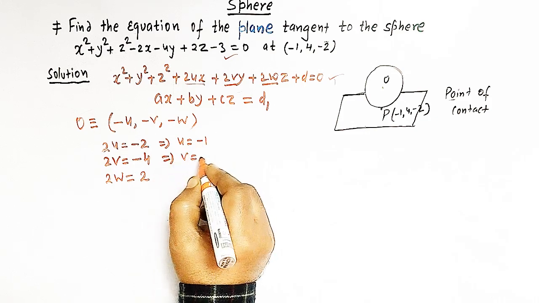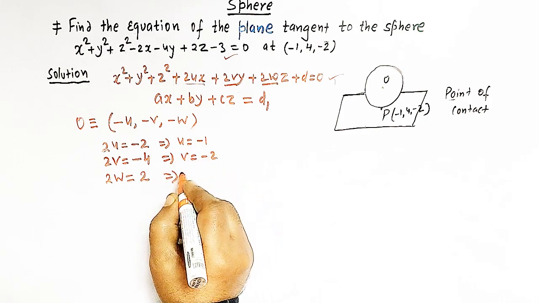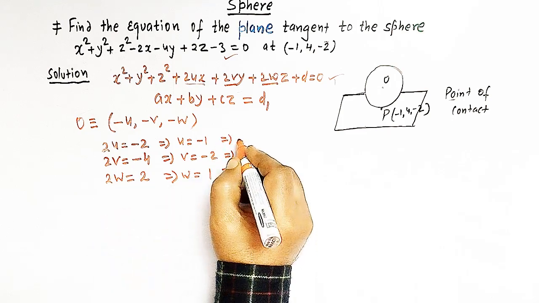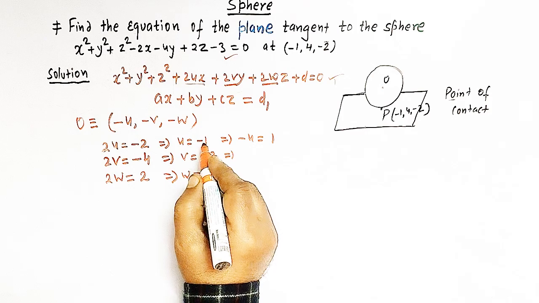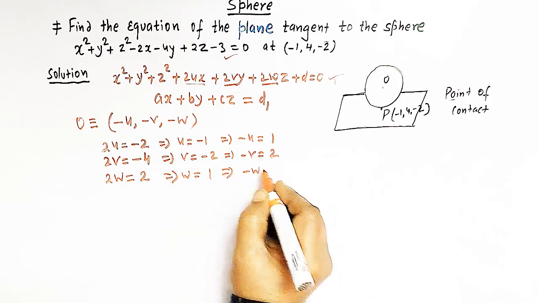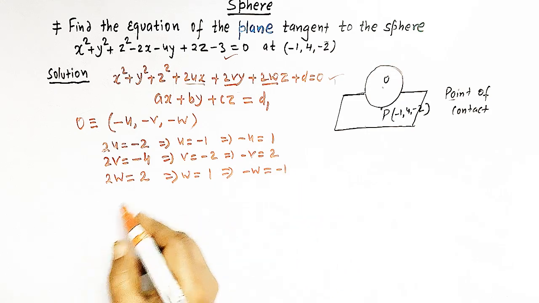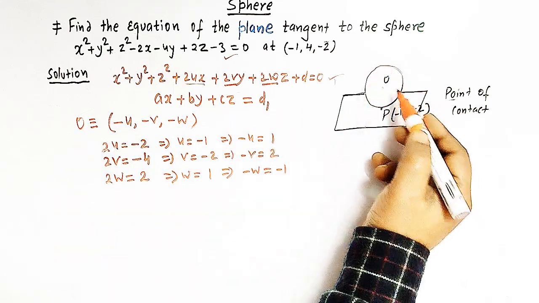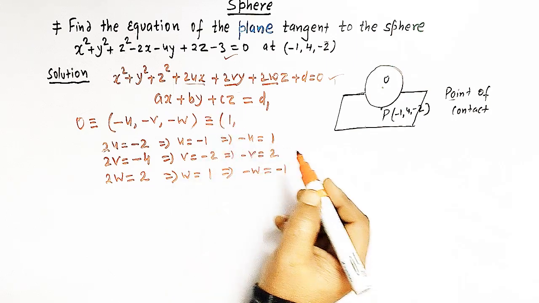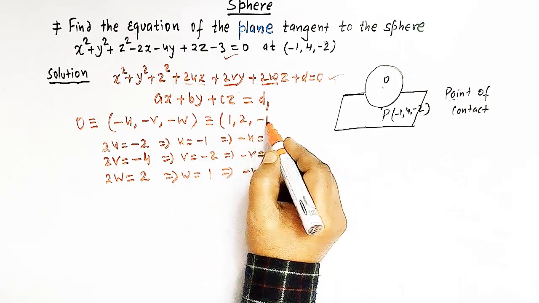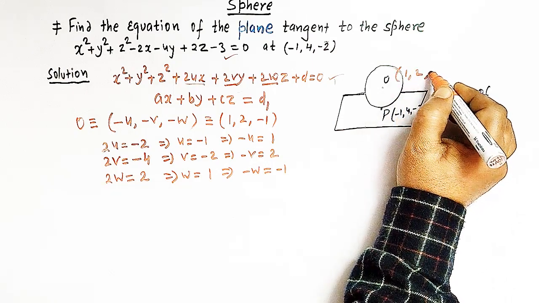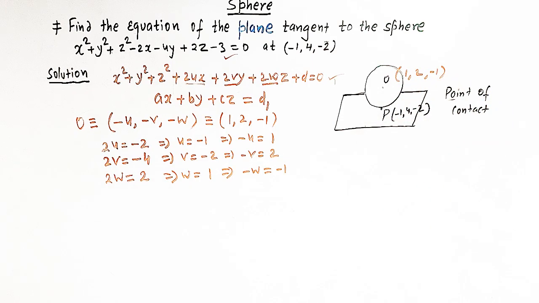From here v is equal to minus 2, and w is equal to 1, so that minus u is equal to 1, and minus v is equal to 2, and minus w is equal to minus 1. So the center of this sphere is now given by the coordinates 1 comma 2 comma minus 1.